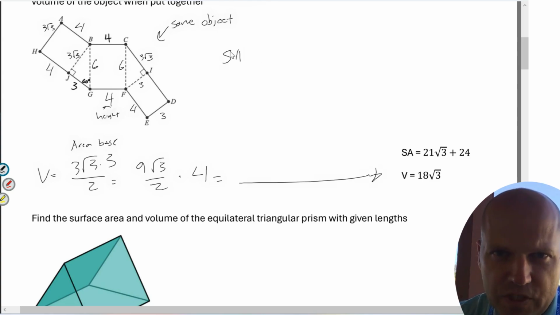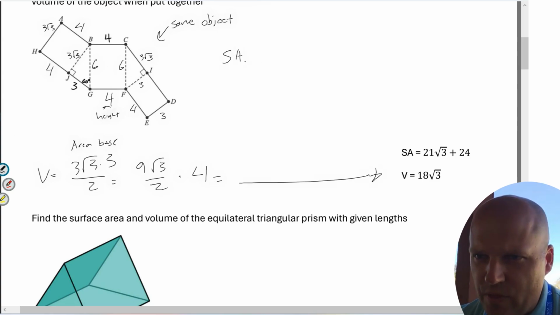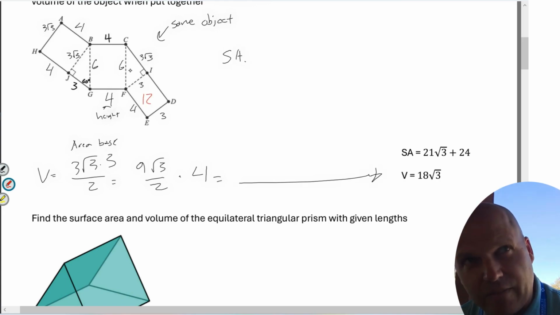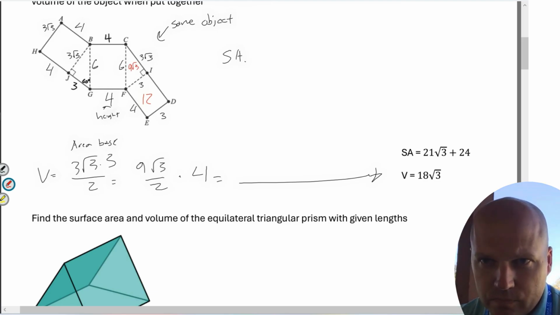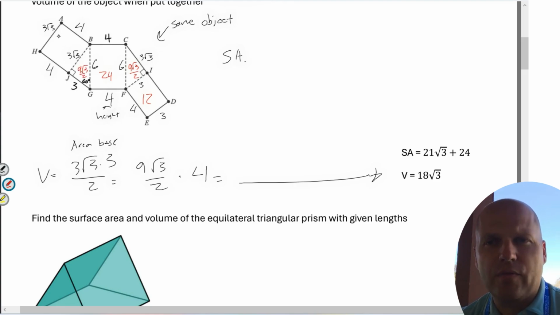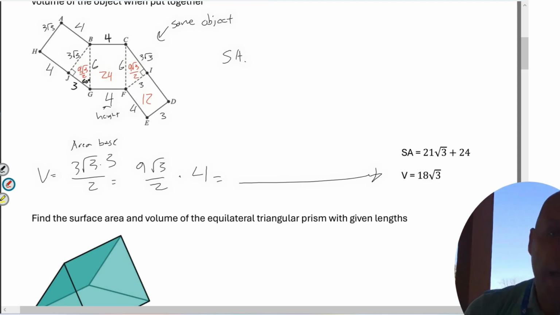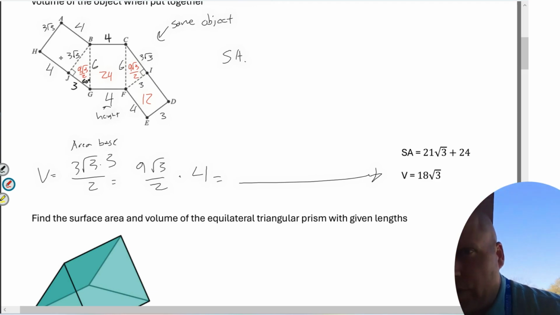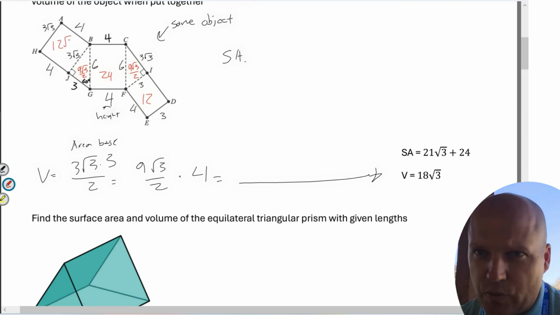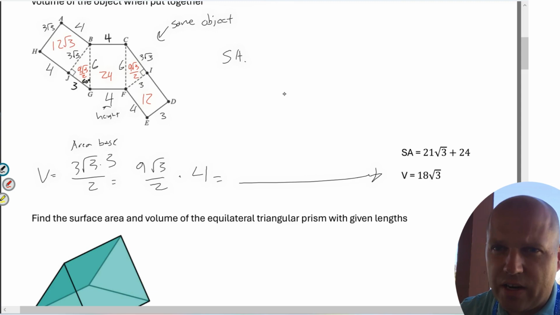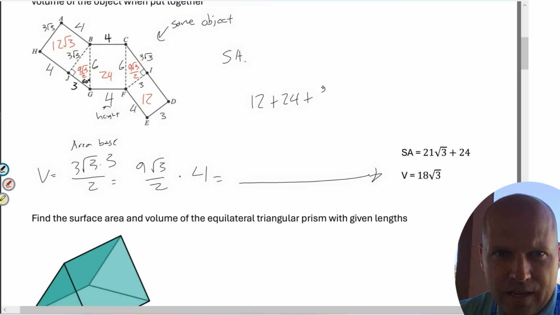And then the surface area, we have this area, which is a 12. This is going to be a 9 root 3 over 2. This is a 24. This is a 9 root 3 over 2. So I have 18 root 3 over 2, which is 9 root 3. And this is going to be a 12 root 3. So we can add them all together.